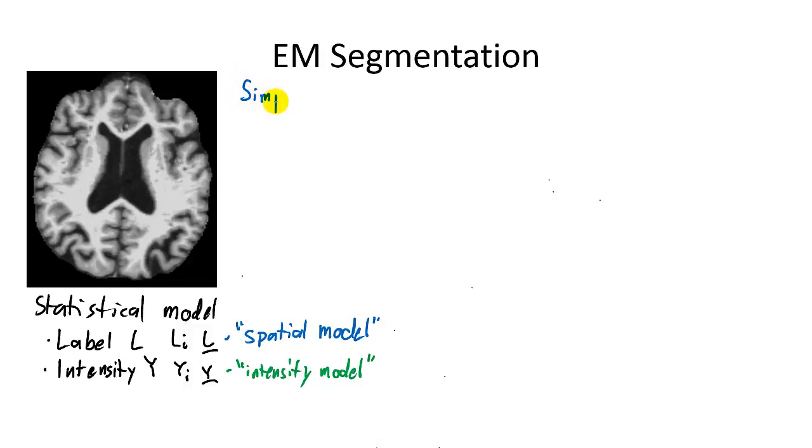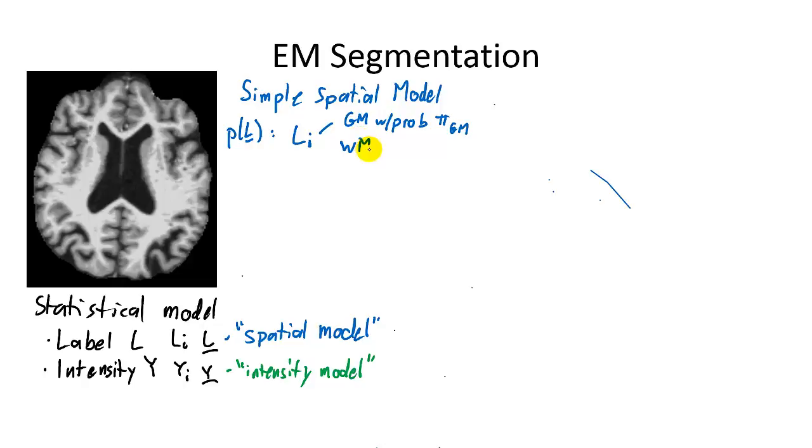All right, so our spatial model, to start out with, is going to be very simple. We're going to say that in order to get some configuration of labels L, every voxel's label Li, independent of every other one, is going to be gray matter with some probability pi gm, white matter with some probability pi wm, and similarly for CSF, probability pi CSF.